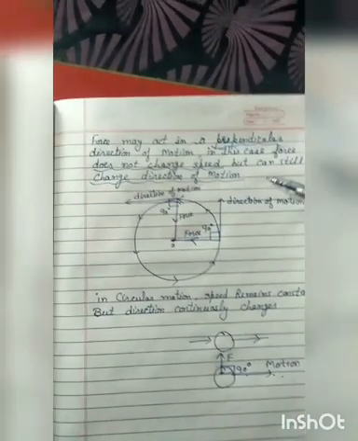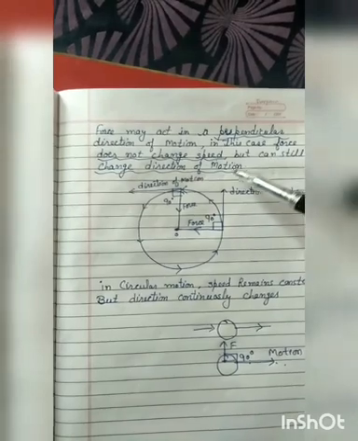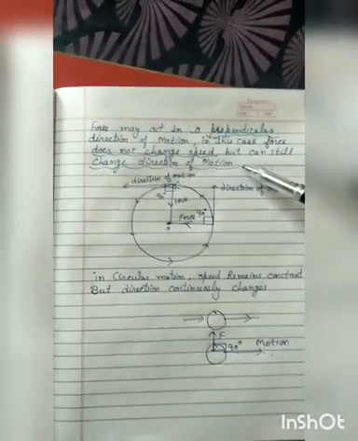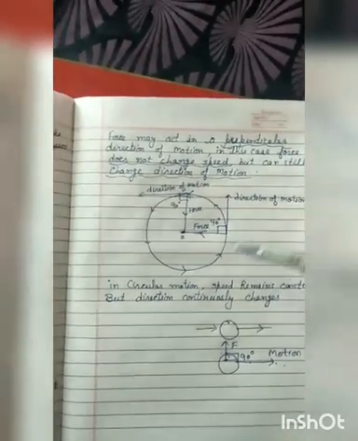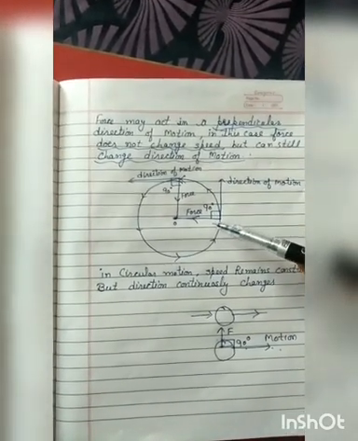In this case, the force doesn't change the speed of the object, but it can change the direction of motion of the object. For this, we have a simple example, that is, when an object is in circular motion.